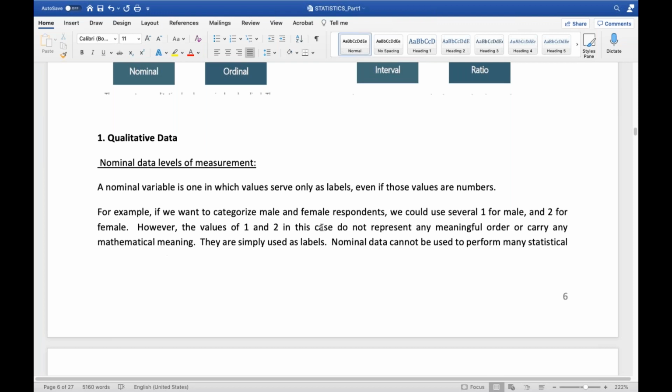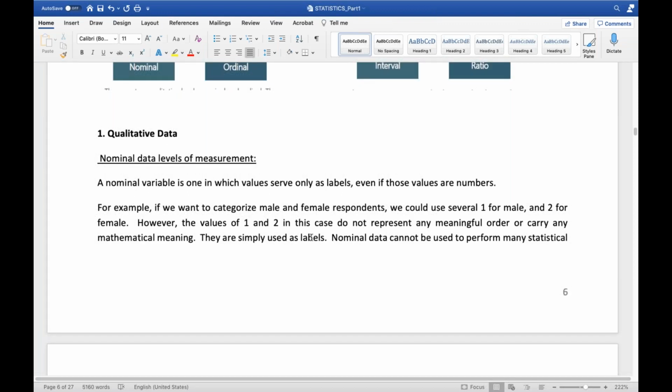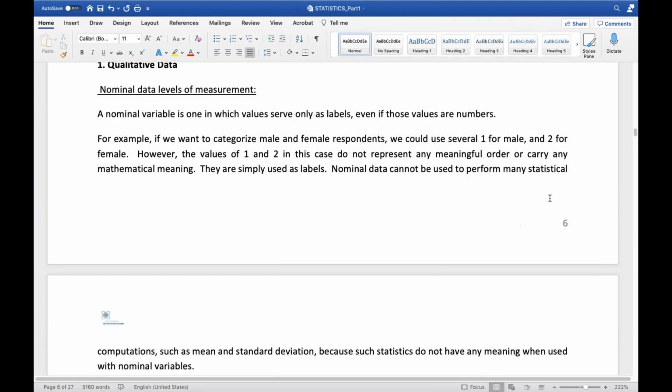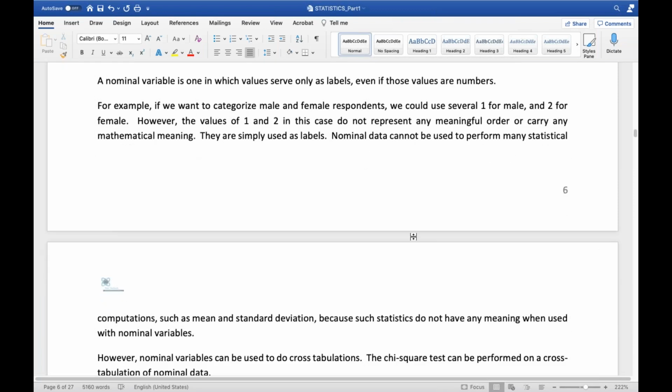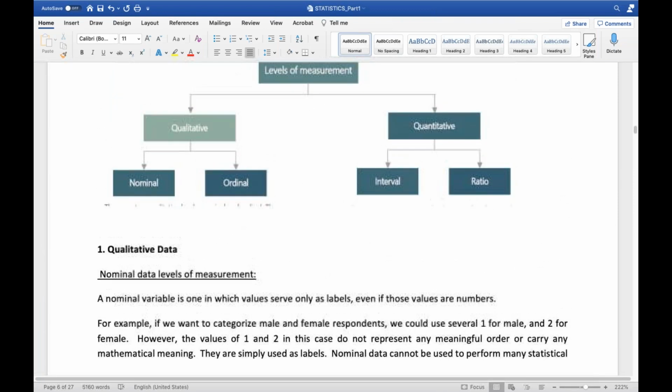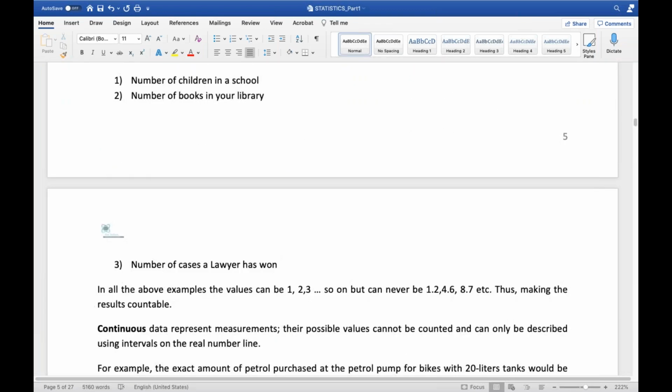It does not carry any mathematical meaning, they are simply used as a label. Nominal data cannot be used to perform any kind of statistical computation. We have many statistical computations, but you cannot apply them to this.